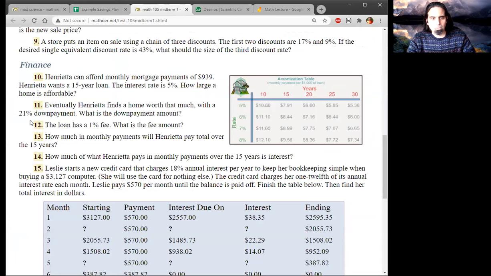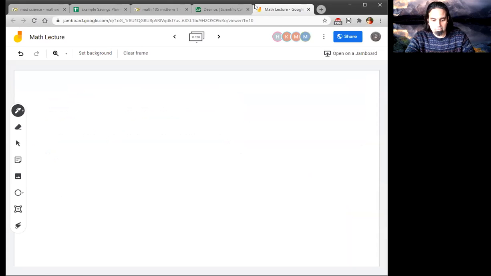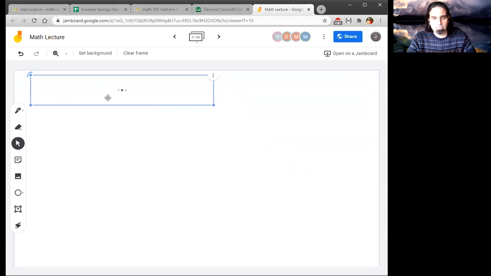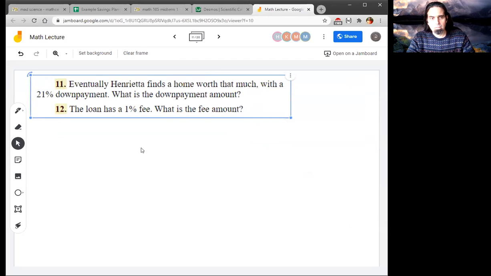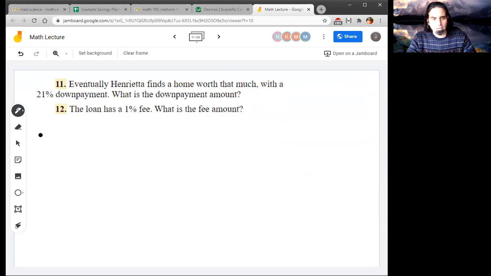Okay, oh, there we are. Eventually, she finds a home worth that much with a 21% down payment. So this is a percent of problem.